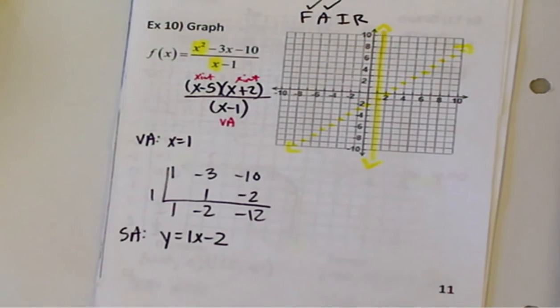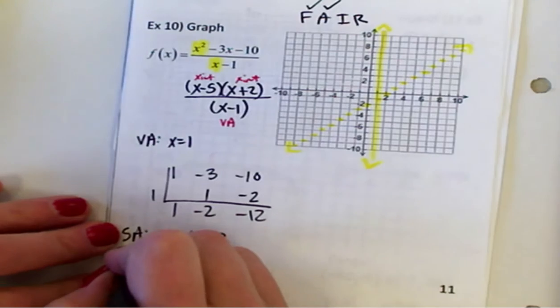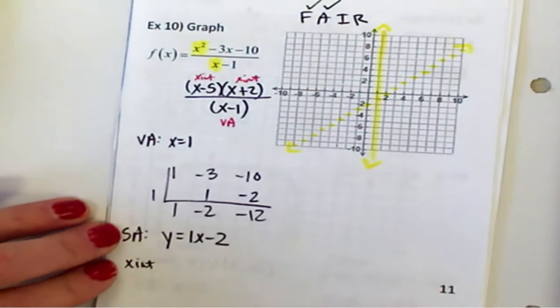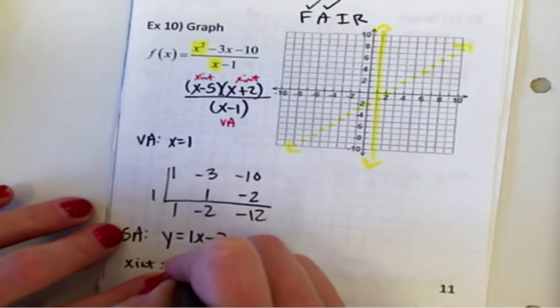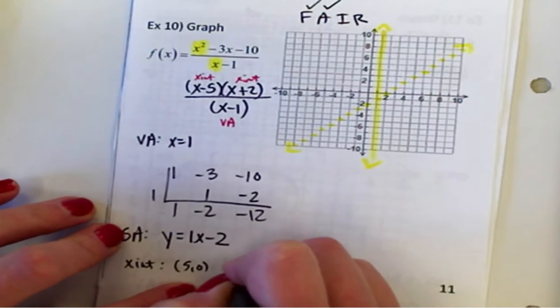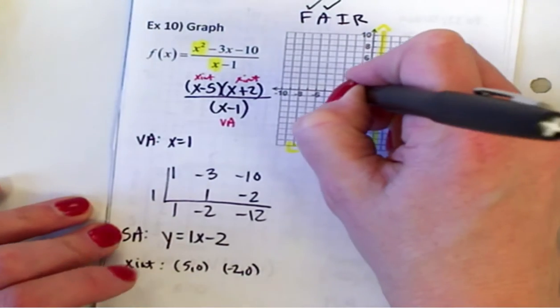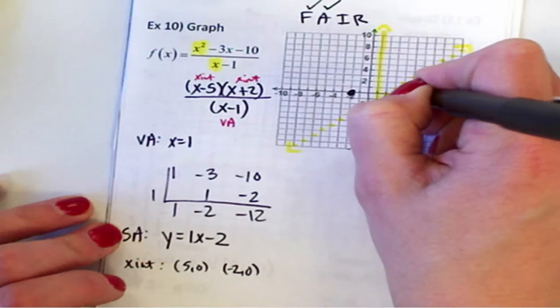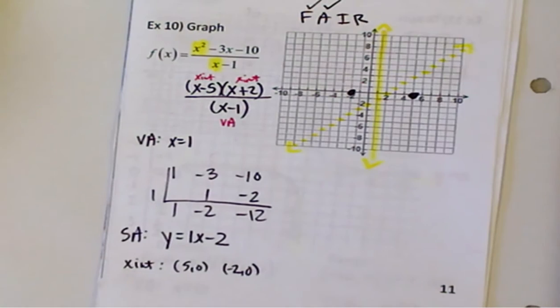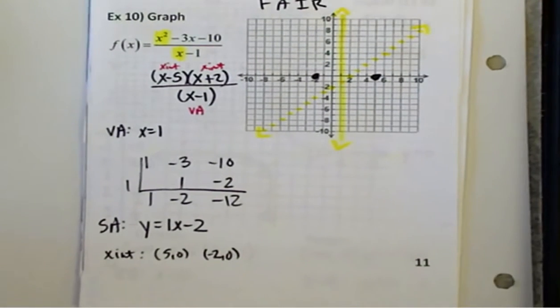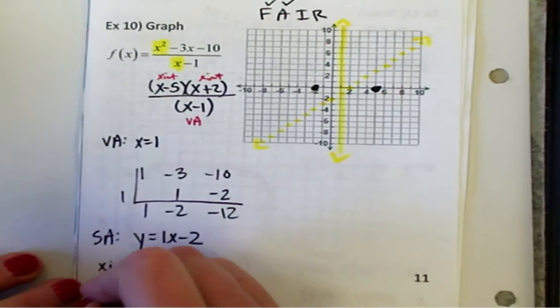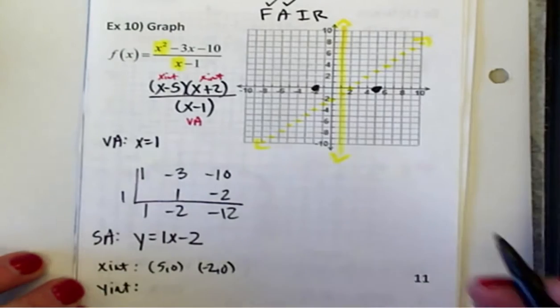Intercepts. My x-intercepts are 5, 0 and -2, 0. And y-intercept. Let me plot it, and then we'll talk.